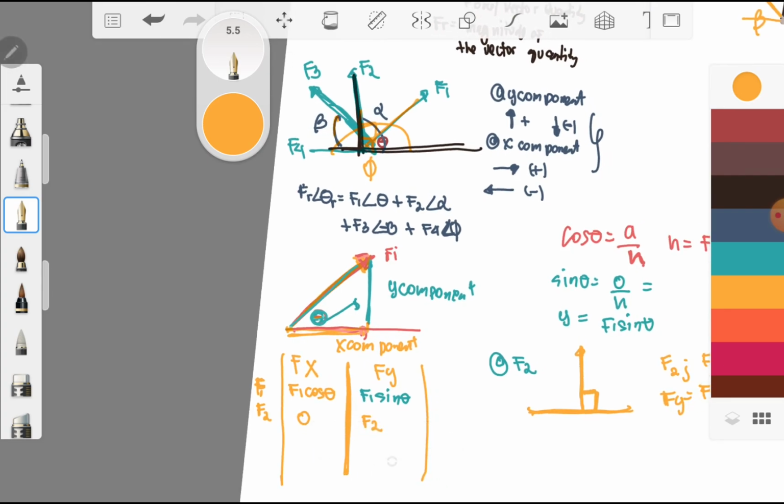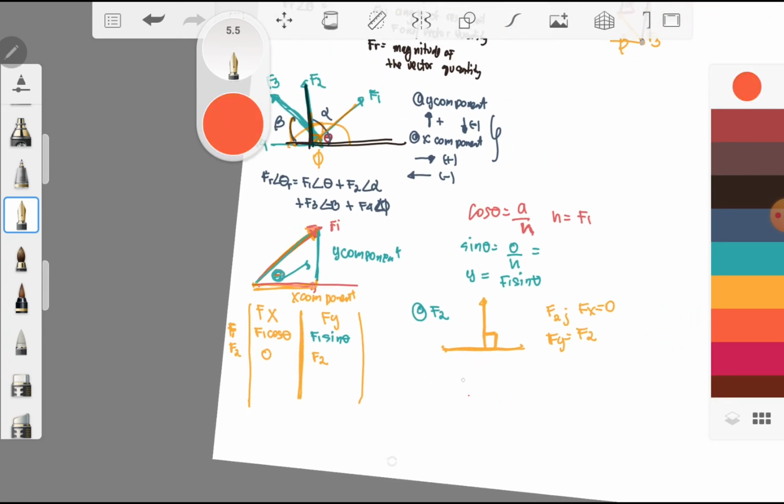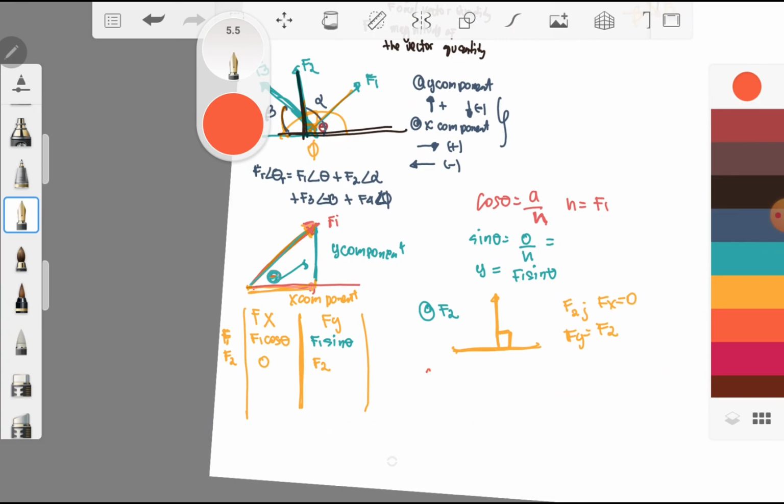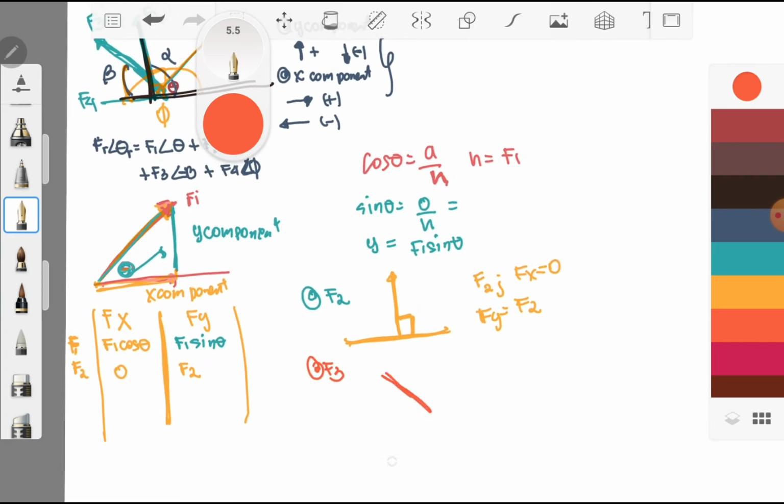If I use the beta, consider the direction of the force F3. So this is my F3, and this is our beta.